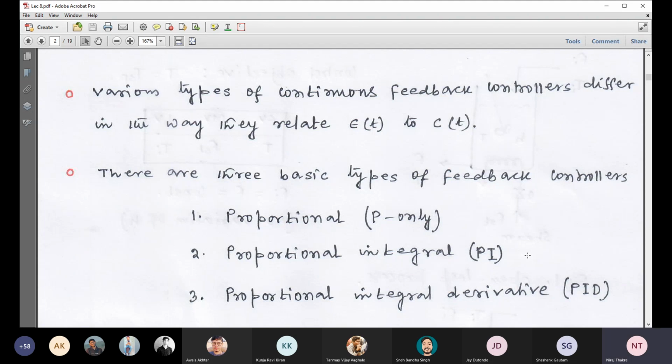First one is the proportional or P only controller. Second one is the proportional integral or PI controller. And third one is the proportional integral derivative or PID controller.